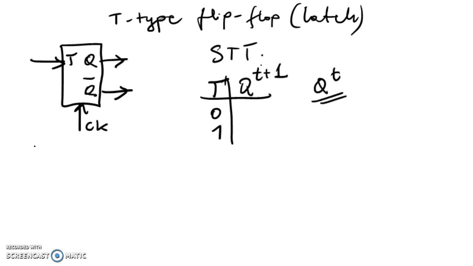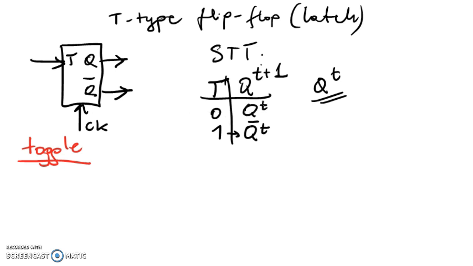So it is like toggle. Its name comes from toggle, and it toggles when it has 1. Similarly in JK for 1, 1. So it now will be not Q of t, toggle state. If you have 1, you will get 0 and the opposite. And for 0 on T, don't change anything.